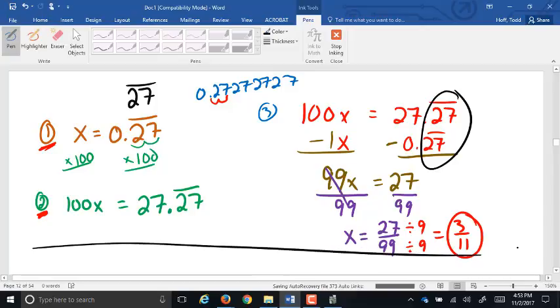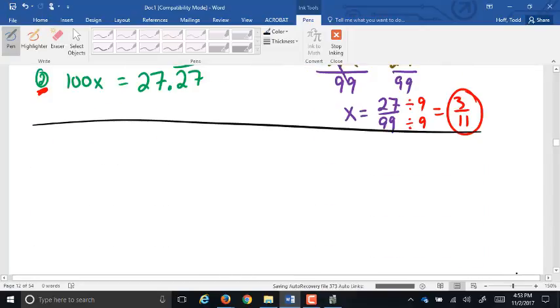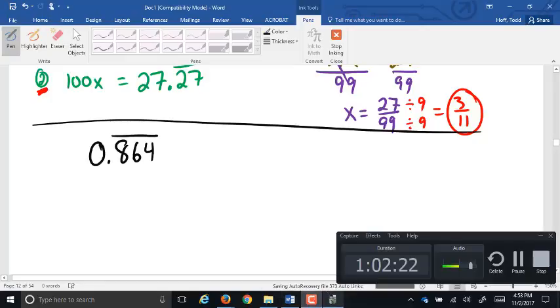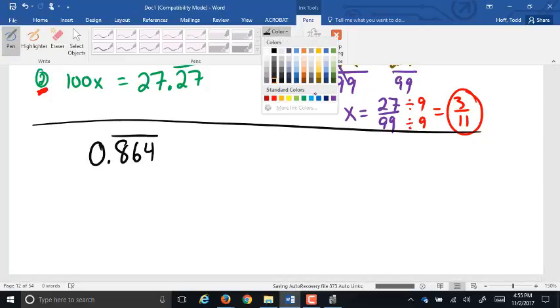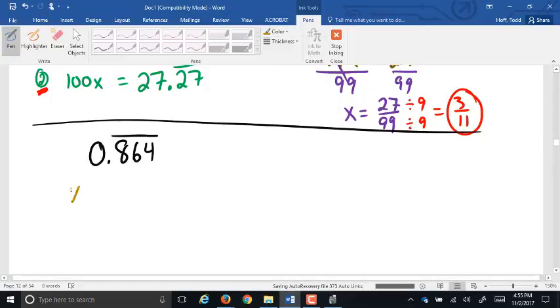I'm going to have you guys try one on your own now. 0.864 repeating. See what happens when you try that one. Okay, so we will start out with x equals 0.864 repeating.